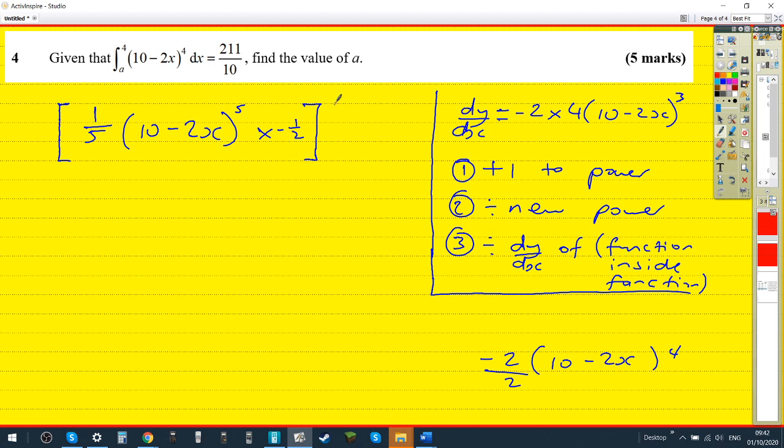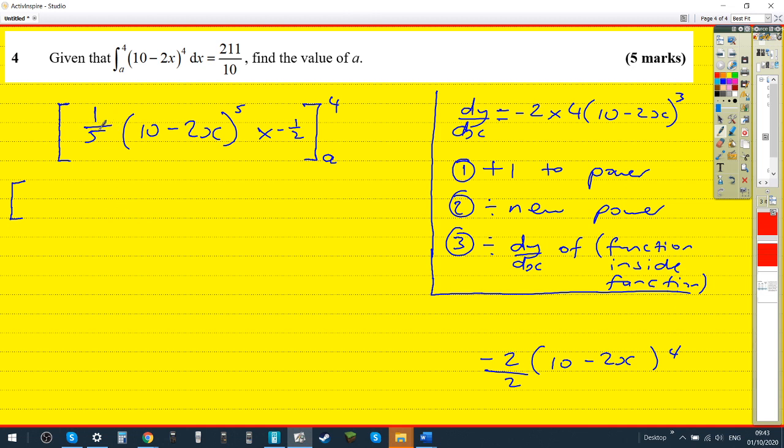Okay, what's next? Do I now sub in 4 into the x value? Yeah, and then minus. So when I sub in 4 and then minus the same equation by subbing in a, and make it equal to 211 over 10.